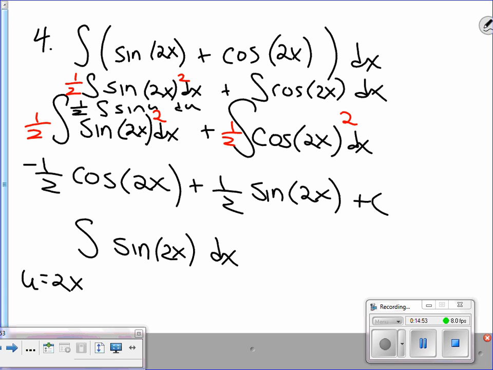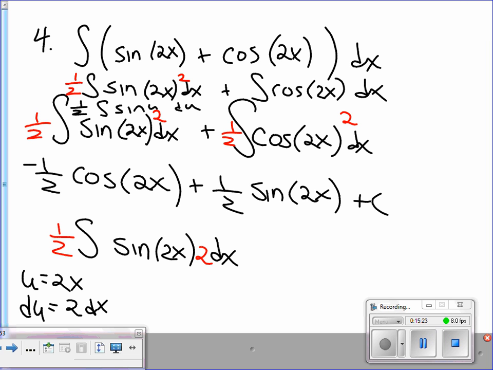So in order to integrate the sine of anything other than x, you consider it u, and then du, the derivative of the inside, is 2. You need that to start. So if you put a 2 in there, you multiply by something that wasn't there before, you need to multiply by a 1/2 on the outside.